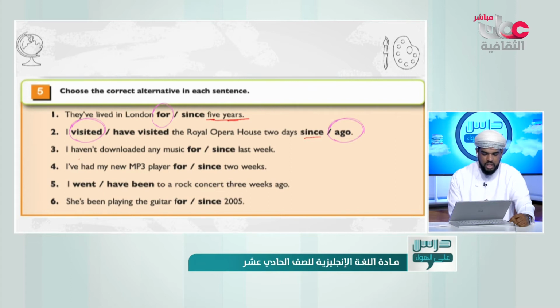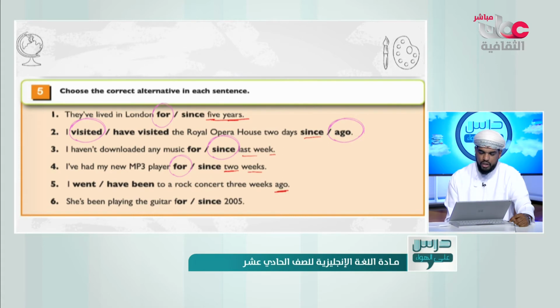Number 3, I haven't downloaded any music for or since last week. We have last week here, a starting point, so it will be since last week. We don't have a number or time word. Number 4, I've had my new MP3 player for or since 2 weeks. I have a number and a time word, so the answer will be for. All right. Number 5, I went or have been to a rock concert 3 weeks ago.